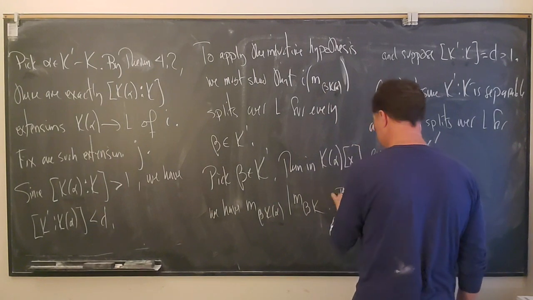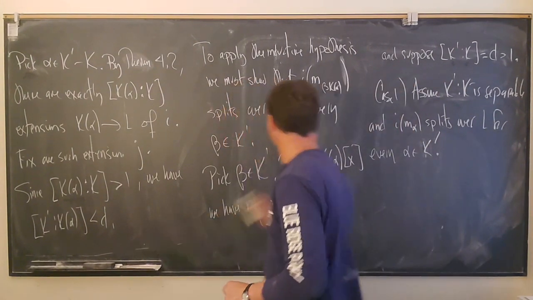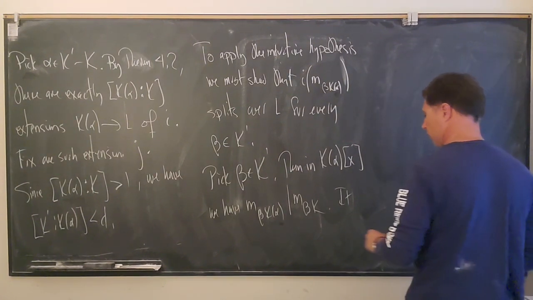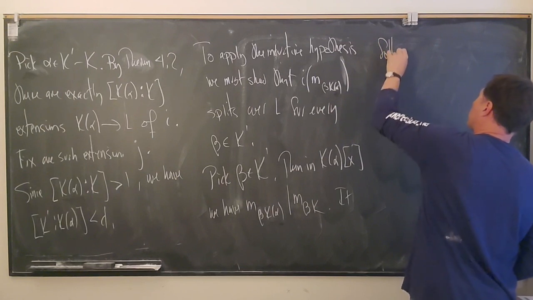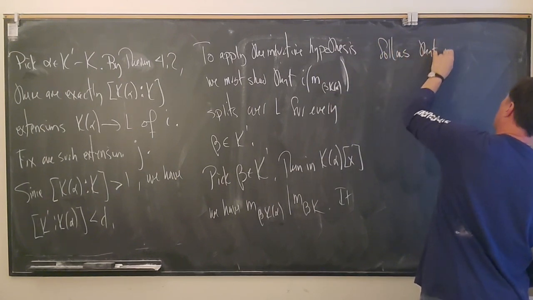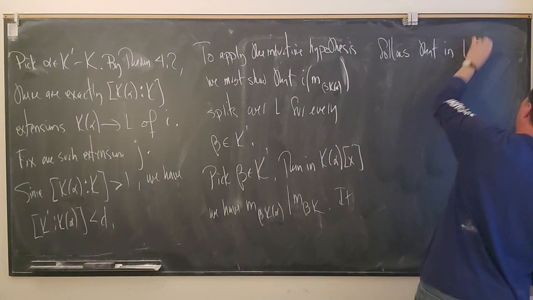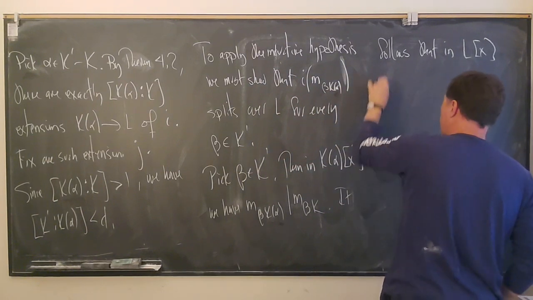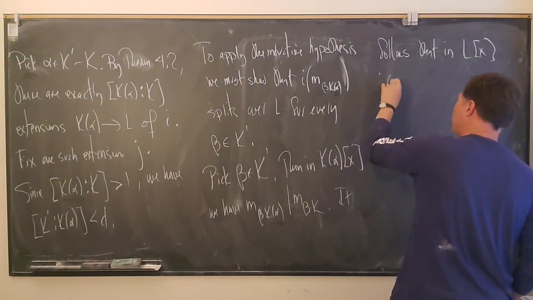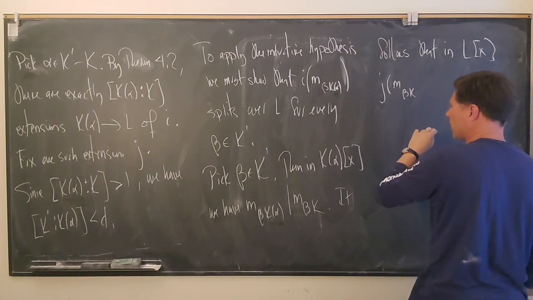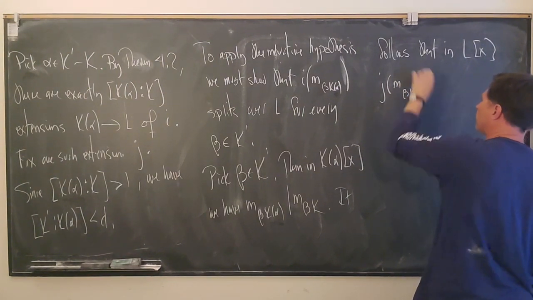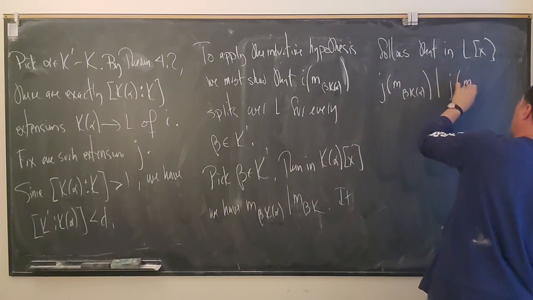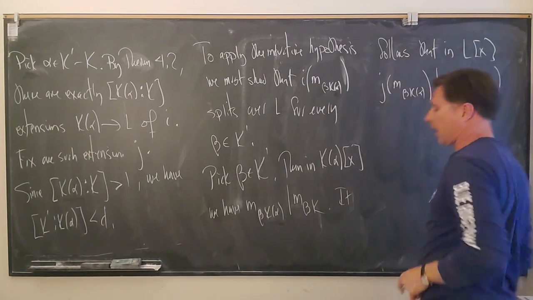So it follows that in L bracket x, J of the minimal polynomial of beta with respect to k adjoin alpha divides J of the minimal polynomial of beta with respect to k.